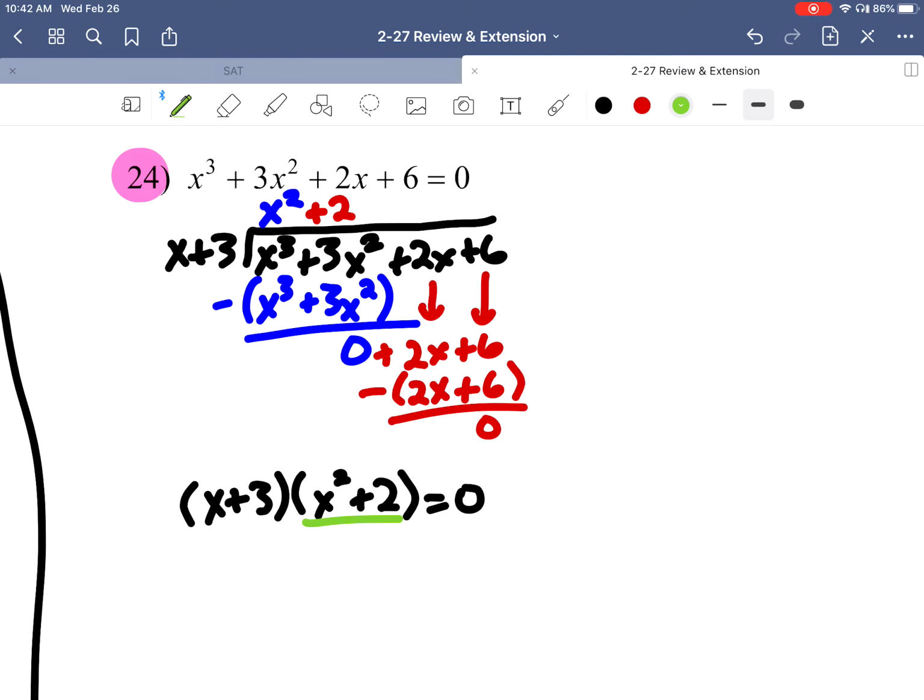So that means that we could rewrite it this way: the quantity x plus 3, times the quantity x minus square root 2i, times the quantity x plus square root 2i, equals 0. And again, we have an irrational complex number, which is just fine in our equation there.